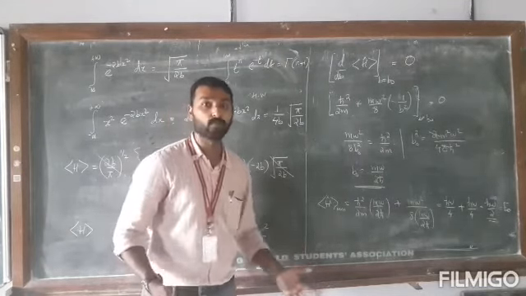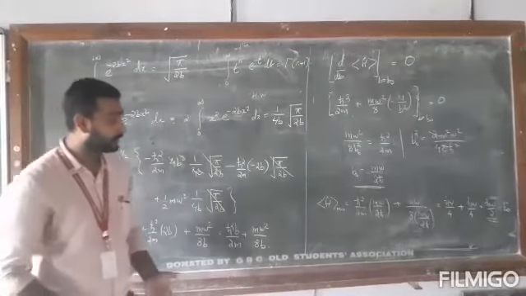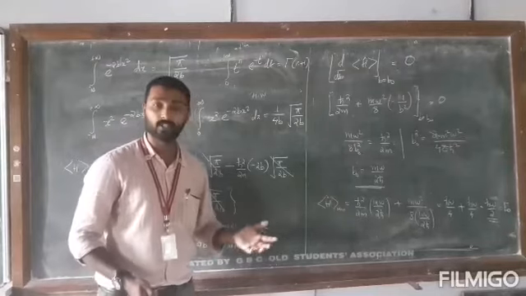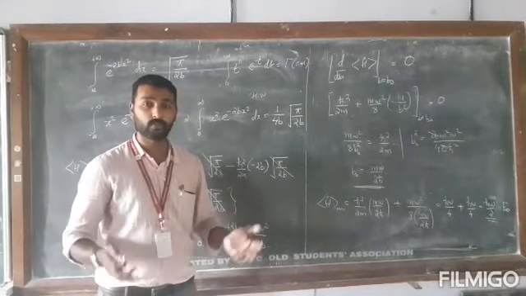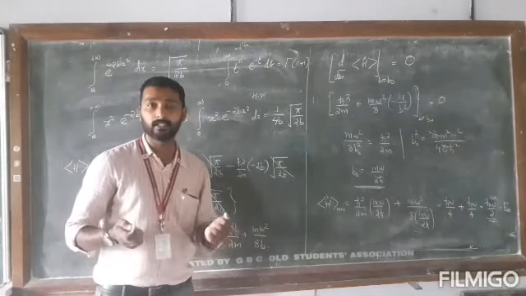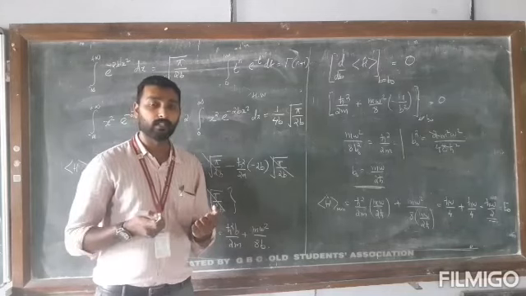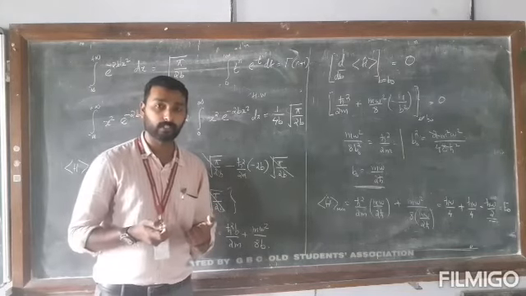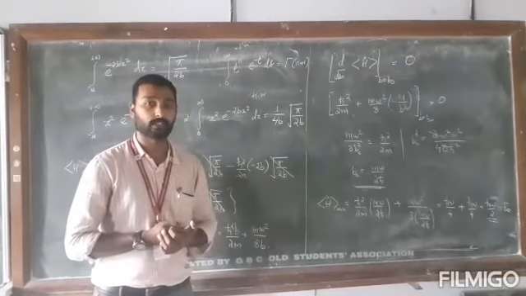Then the energy would also match if you minimize it. This is a simple illustration of the power of the variation principle. If you are able to guess the proper trial wave function, then we will get the upper limit of the ground state energy that would be very close to the exact ground state energy.